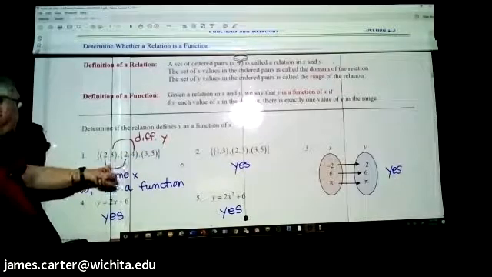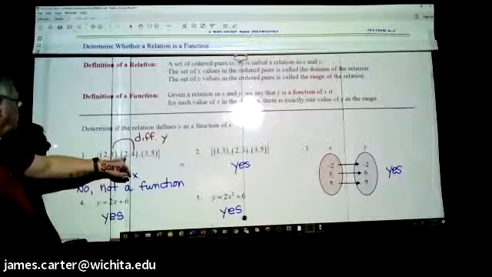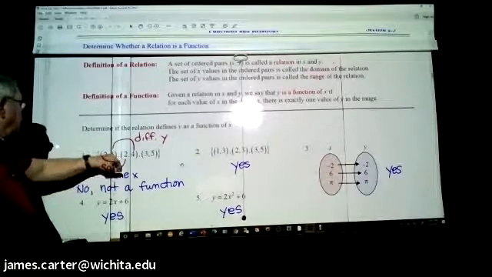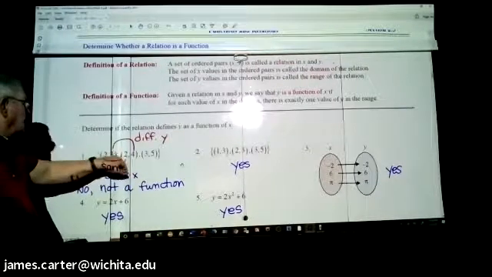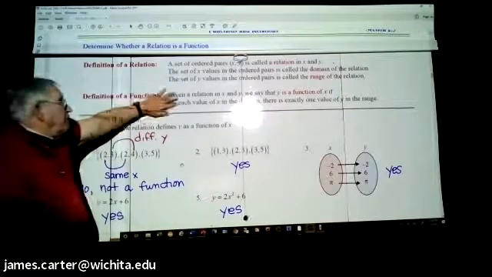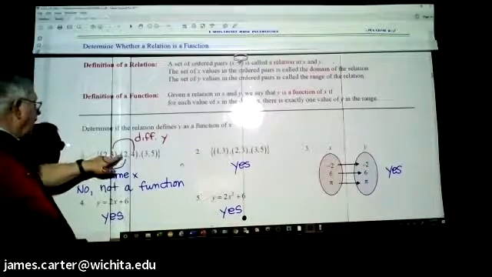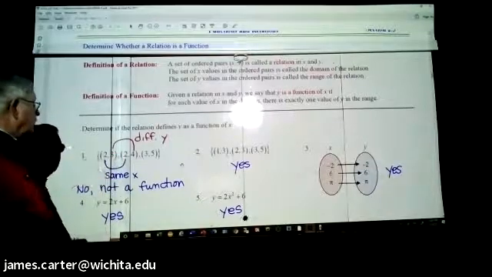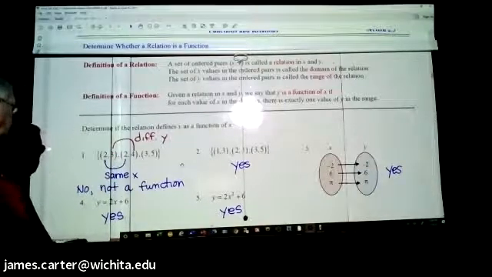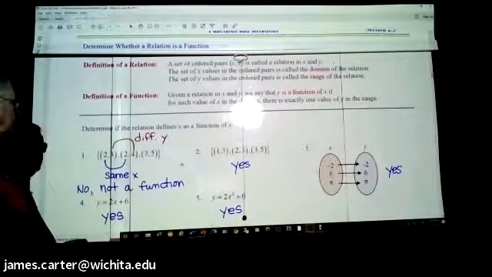What this is saying is I've got the same x value with two different y values. That does not fit the definition of a function because there can only be one y value for each x value. So this is not a function.